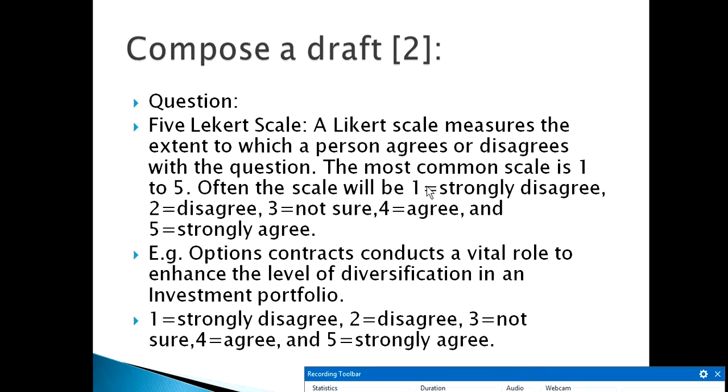Often this scale takes 1 if the respondent strongly disagrees, 2 if he or she disagrees, 3 is neutral, 4 is agree, and 5, which is the highest mark, strongly agree, while 1, which is strongly disagree, takes the lowest mark.